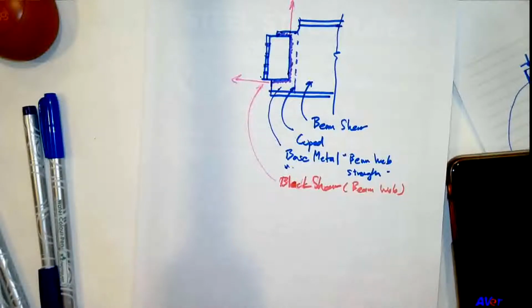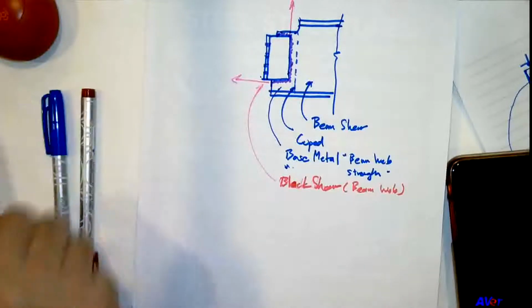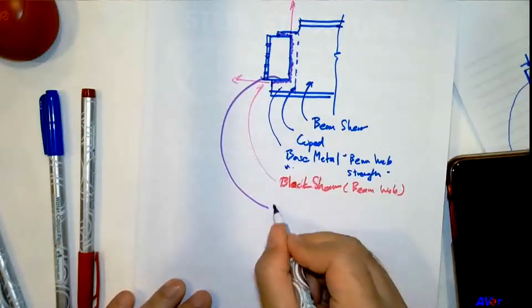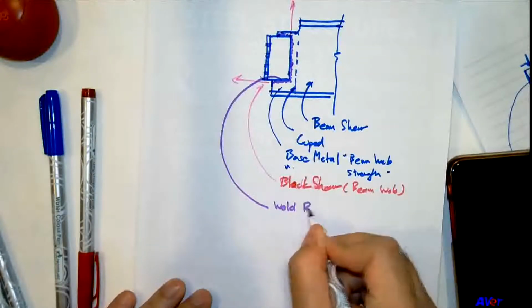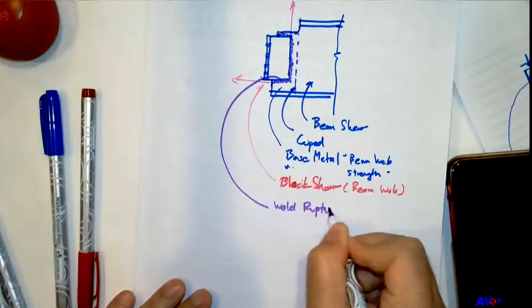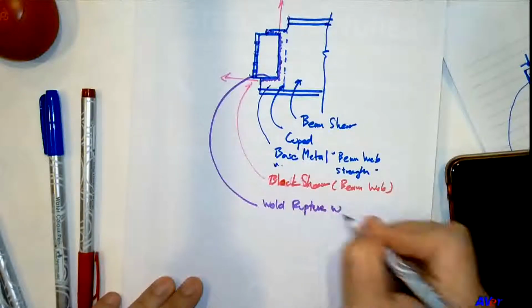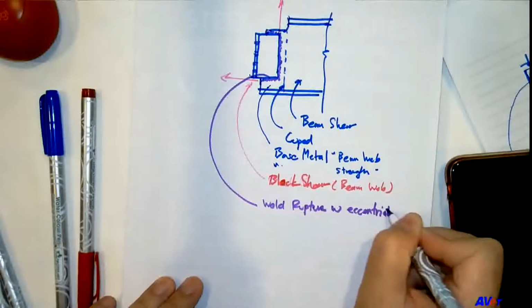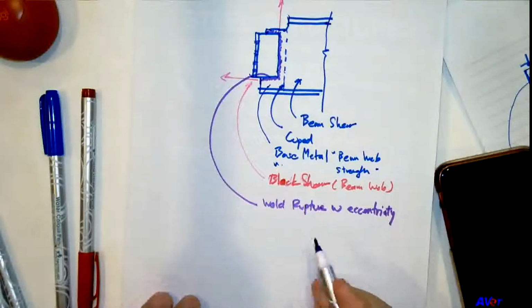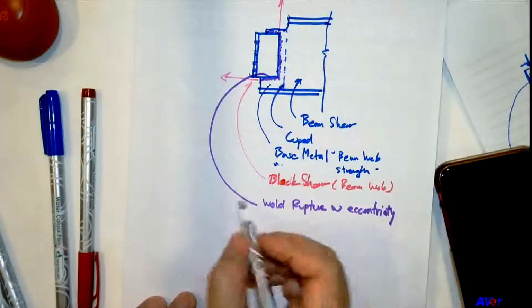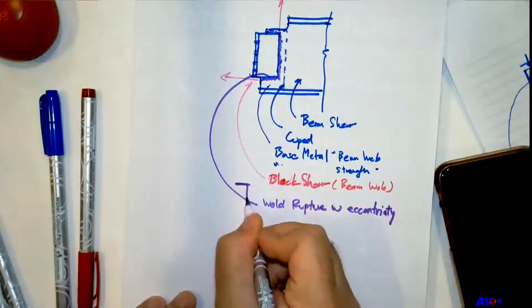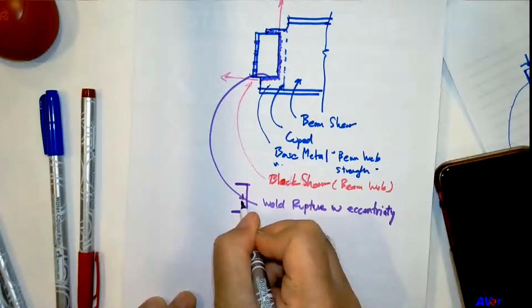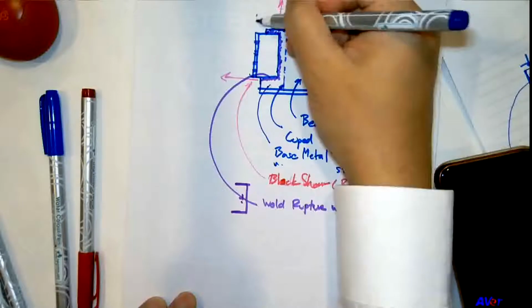And then it's now time for us to move the load to the weld. So now it's a weld rupture with eccentricity. And the eccentricity would be the distance from the centroid of the weld to this face, right?